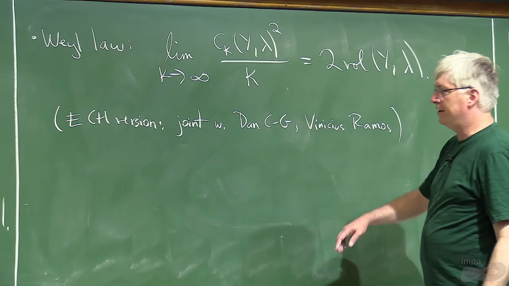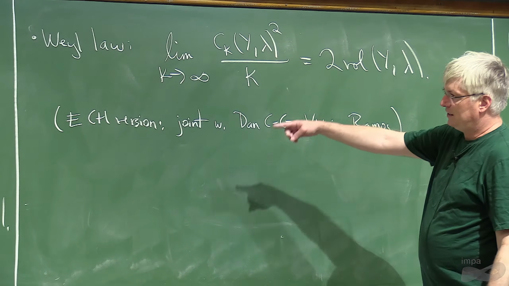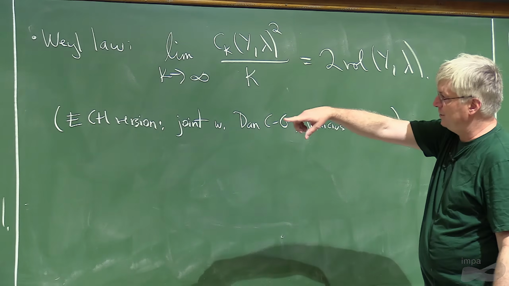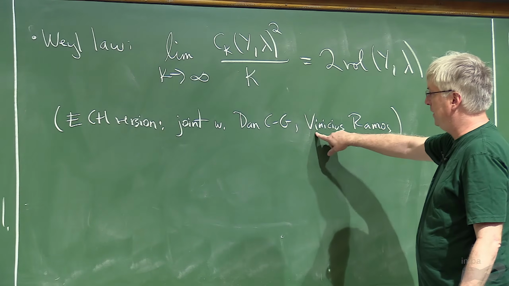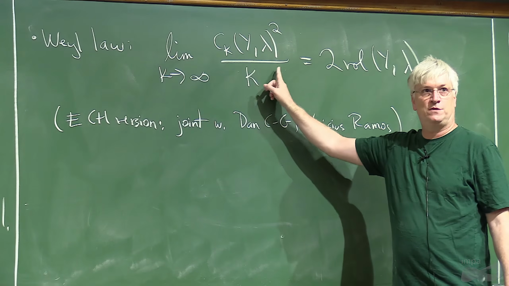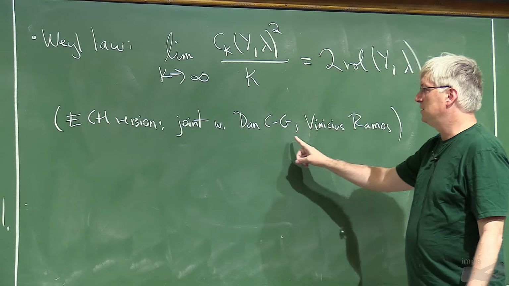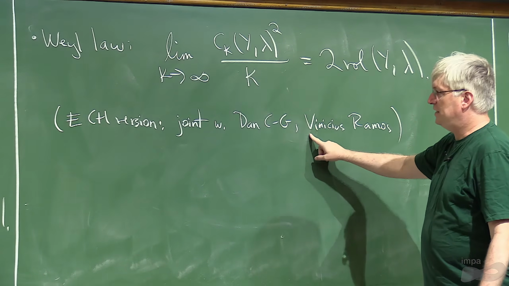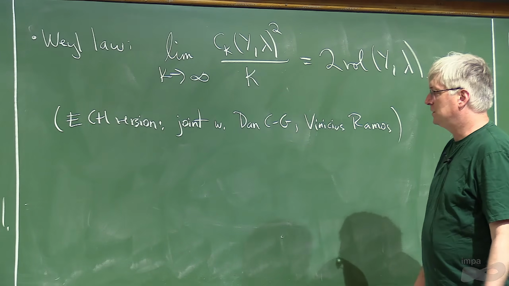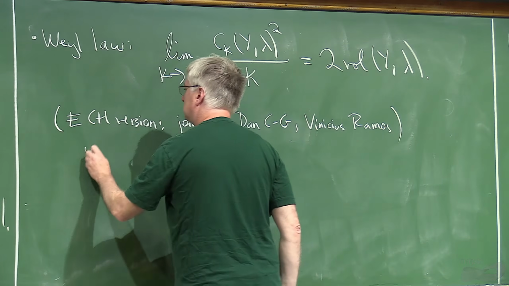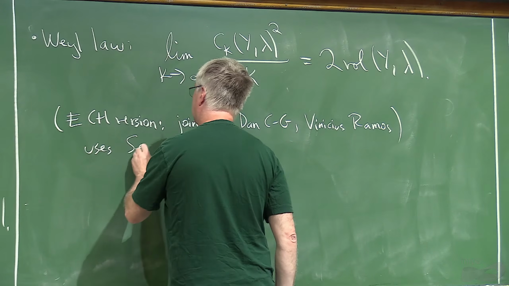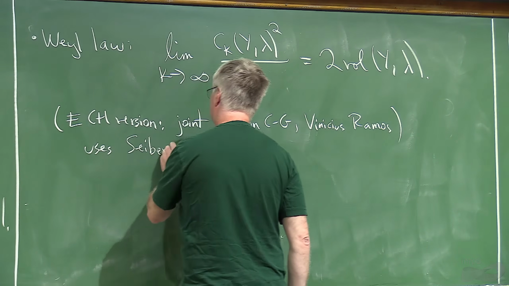Then there's a comparison theorem between the ECH spectral invariants and the elementary ones, which allows you to use this Weyl law to deduce that Weyl law. The proof of this ECH Weyl law uses Seiberg-Witten theory, so this is a highly non-trivial fact.